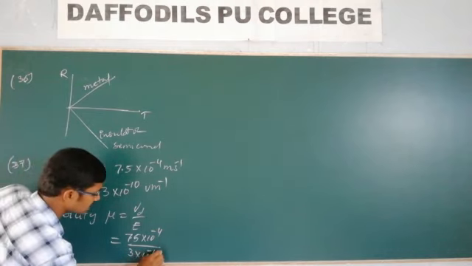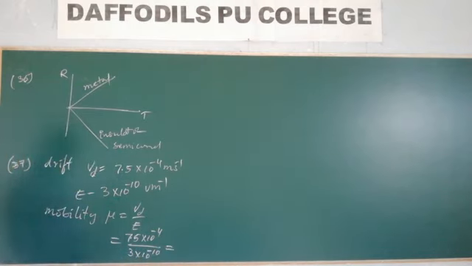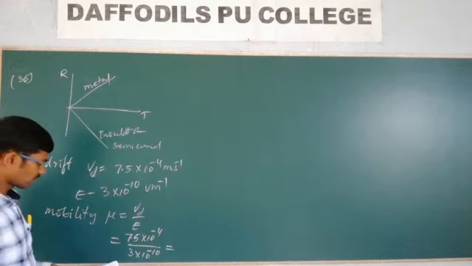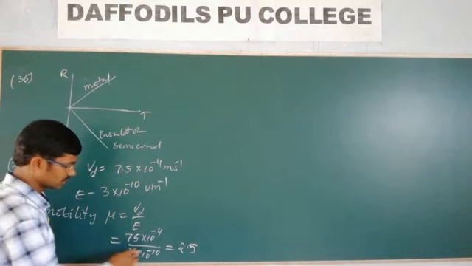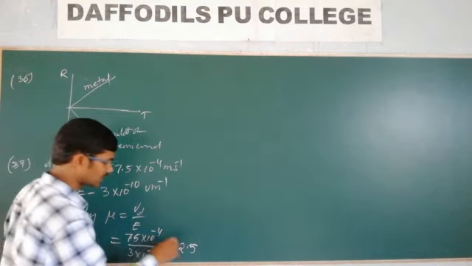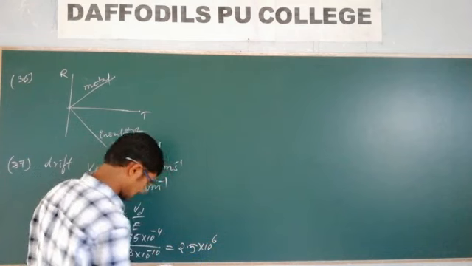What is the formula for mobility? Drift velocity for unit electric field, Vd by E. Vd is 7.5 into 10 power minus 4, by E is 3 into 10 power minus 10.